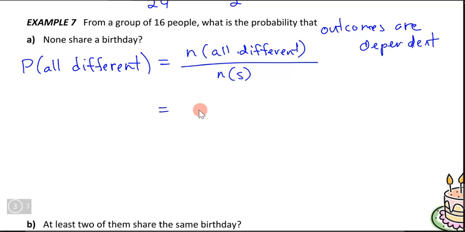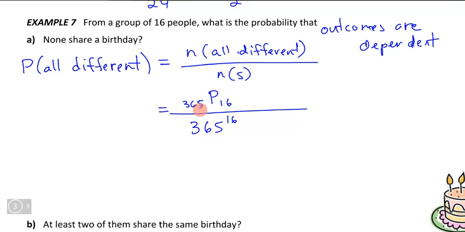So the number of ways that they can all have a different birthday is 16 arrangements out of a possible 365 days, divided by all the possibilities of having 16 people and their birthdays. Okay.